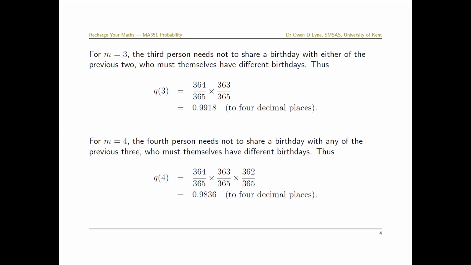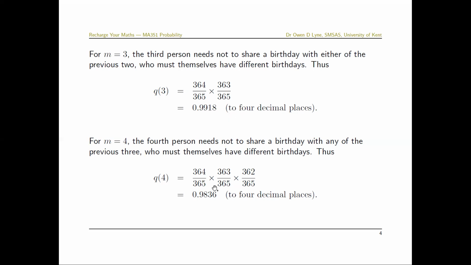Okay, assume the first 3 people don't match. What about m equals 4? Fourth person needs not to share a birthday with any of the previous 3. So I have the same first 2 terms I had before. They have to have different birthdays. And then when they look at the calendar, 3 days are already gone. They've got 362 empty days left. So we multiply by that. And the probability is now 0.9836.